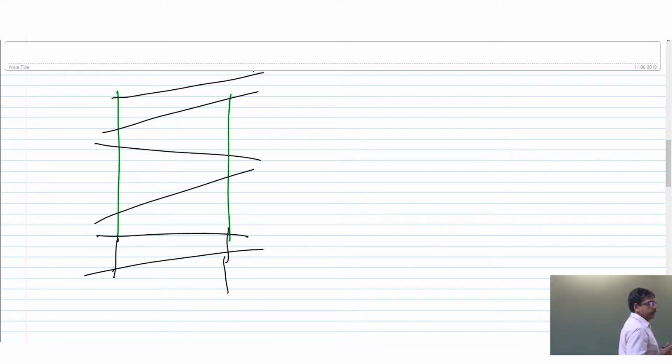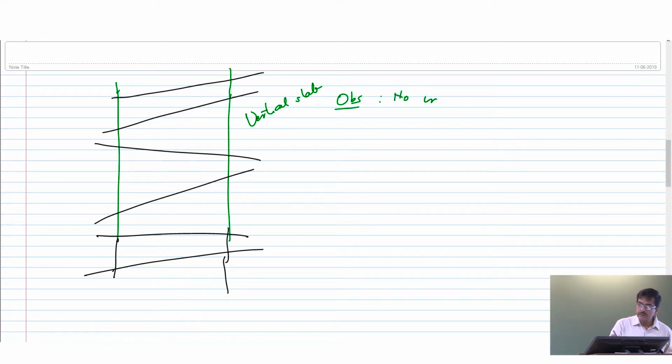Now, this structure has a very nice property. This is a vertical slab. Observation: no intersections.